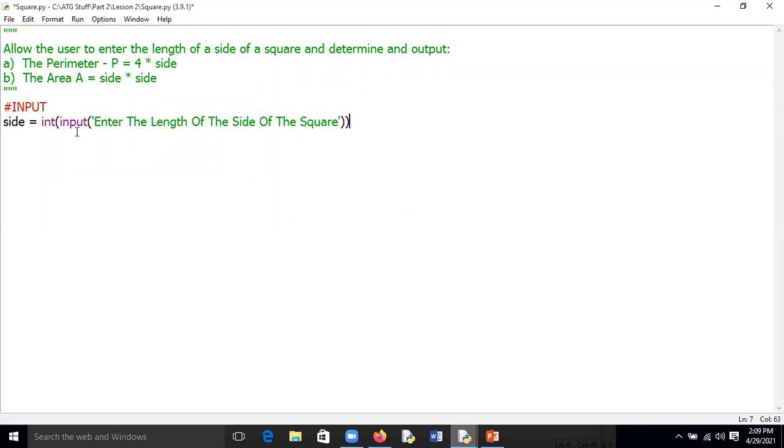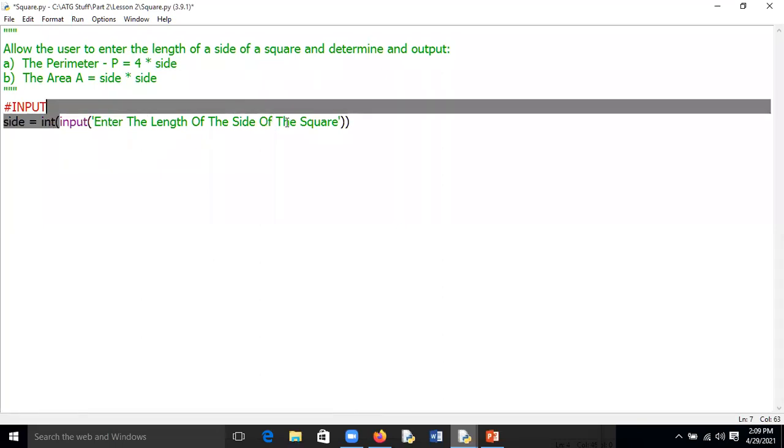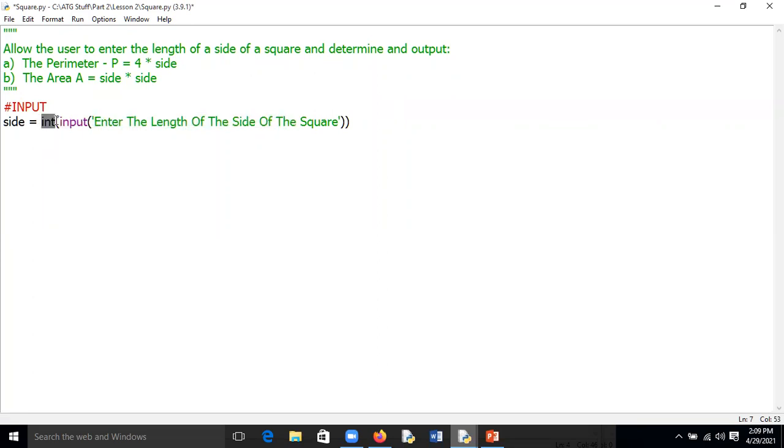Okay, so the user is going to enter as a string. Int will cast it into an integer, and side will be an integer. So moving on, we're looking at our processing now.